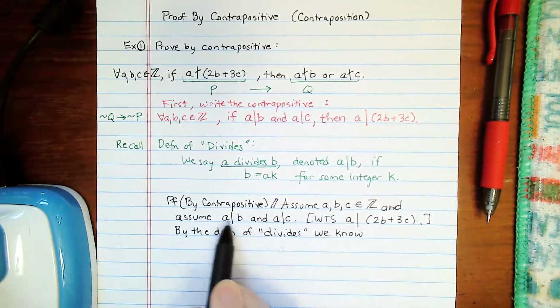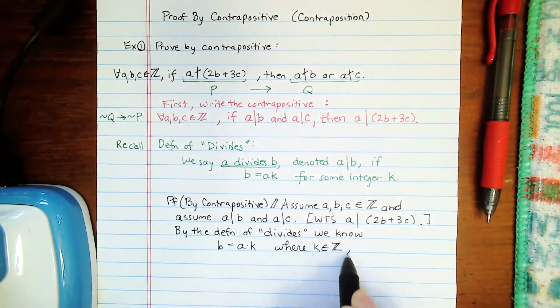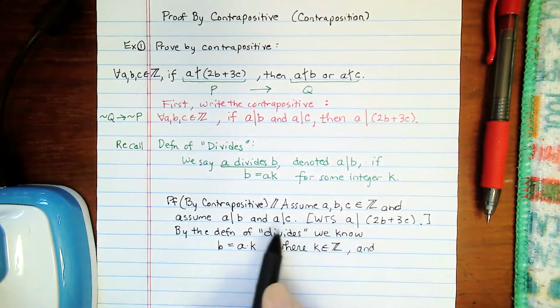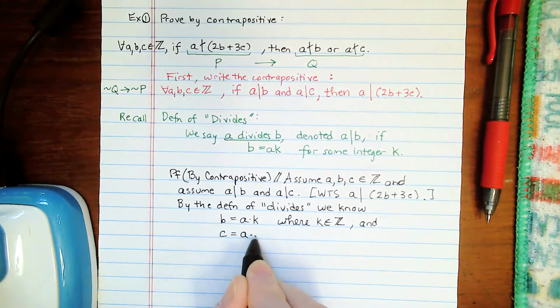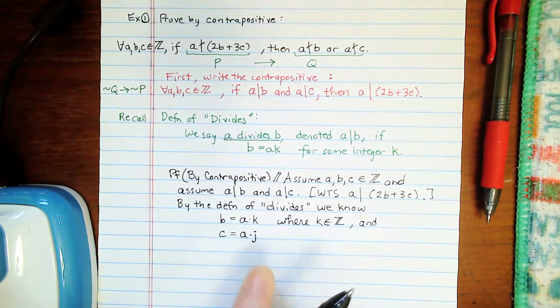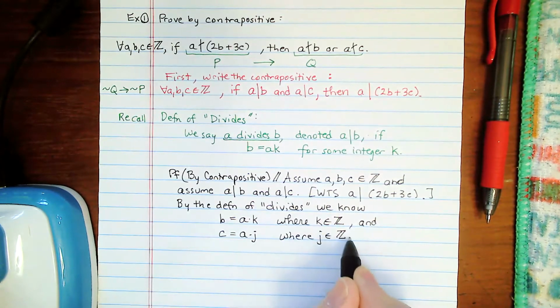First of all, a divides b, so b is equal to a times k, where k is in Z. And, of course, since a divides c, we know c is equal to a times some other integer variable, let's call it j, where, of course, j is in Z.